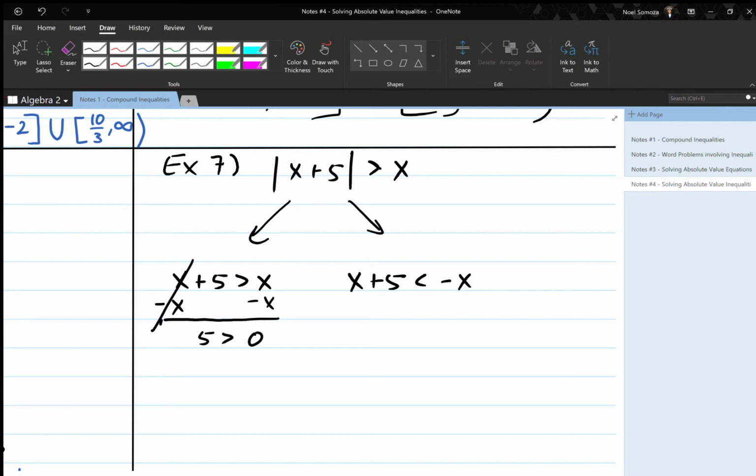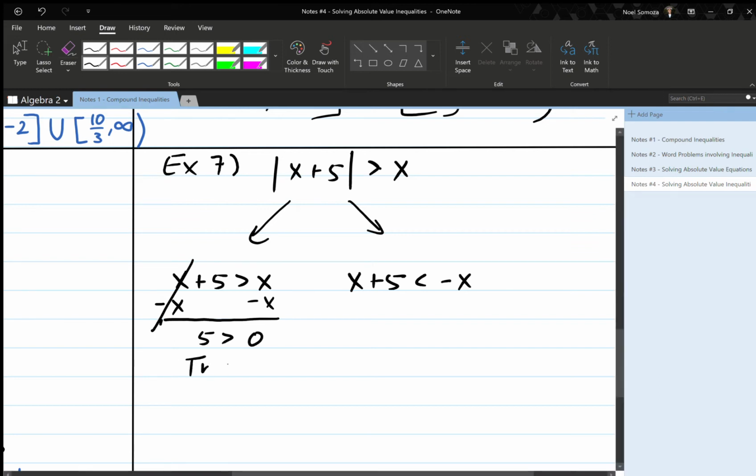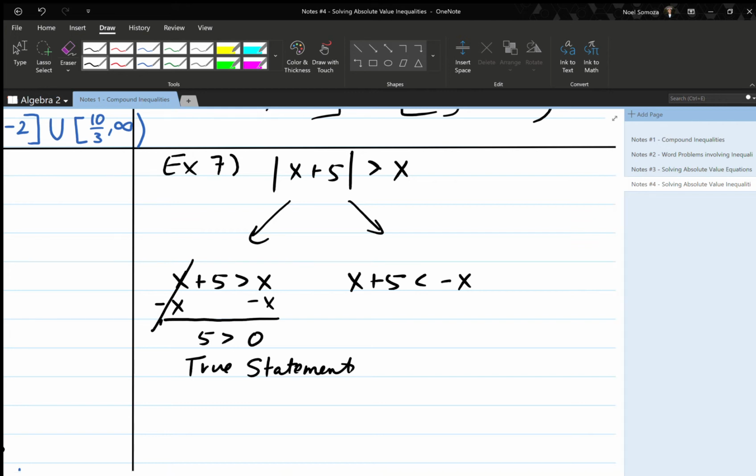But this one overrides it, because this is a graph of what? All real numbers. So you have to see that. When you get a true statement, you can then recognize this is all real numbers, infinitely many solutions.